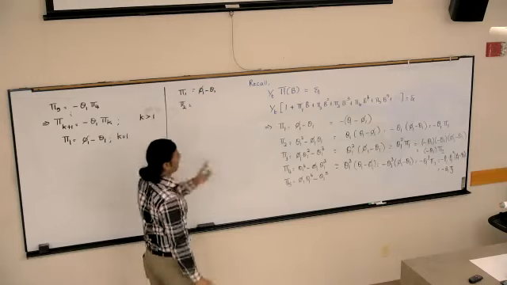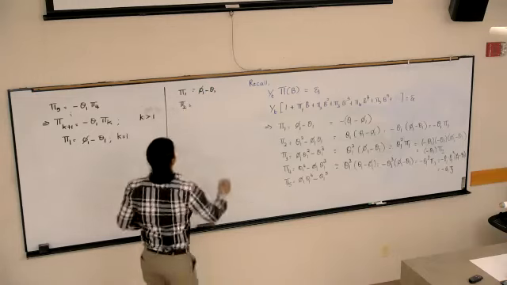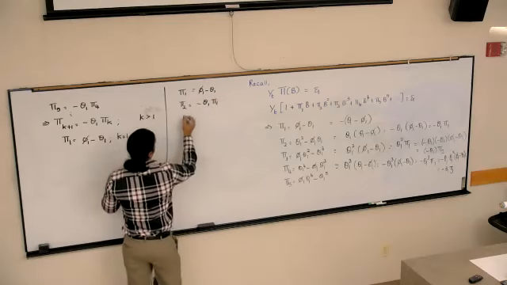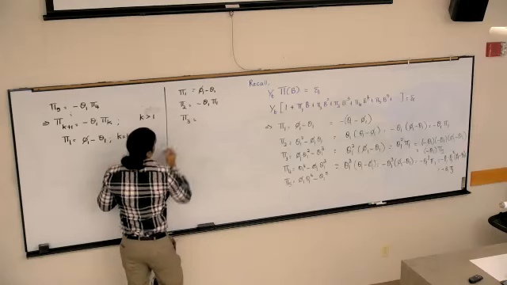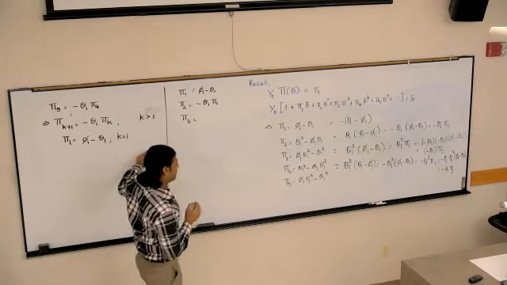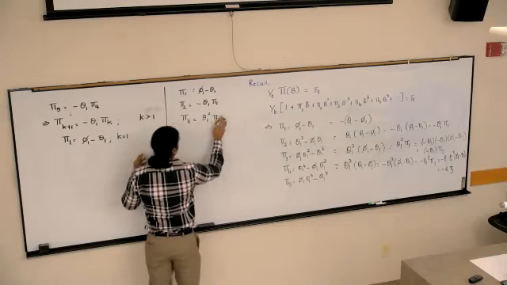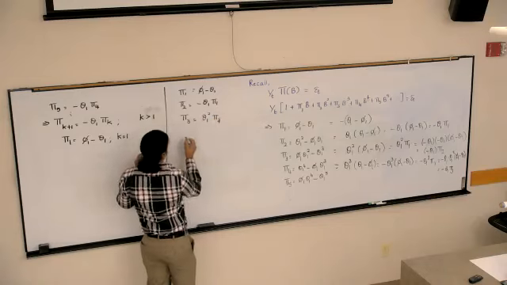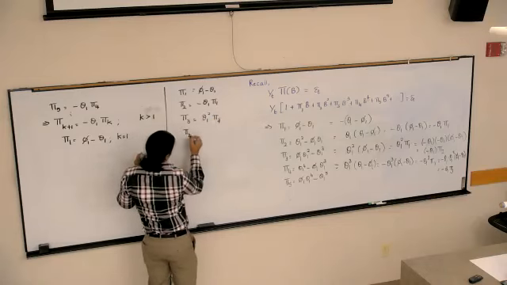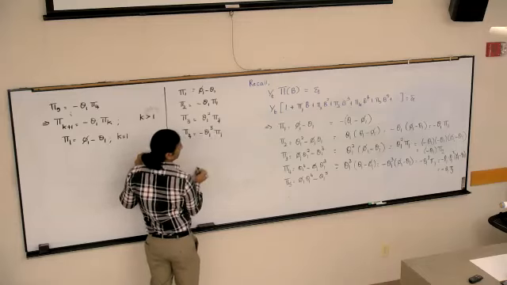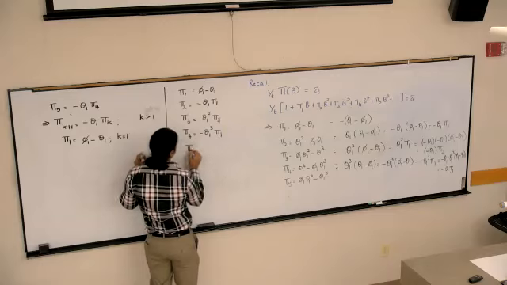Pi 2 is negative theta 1 pi 1. Pi 3 is theta 1 squared pi 1. Pi 4 is negative theta 1 cubed pi 1. What is pi 5?